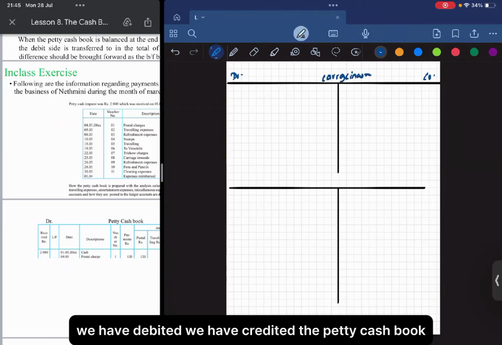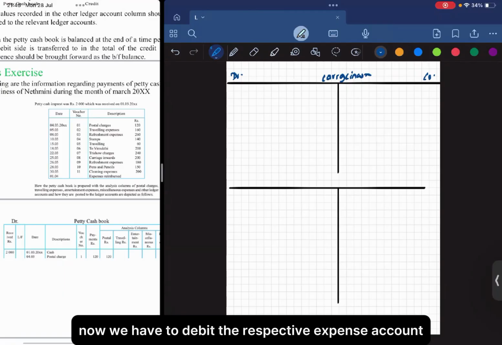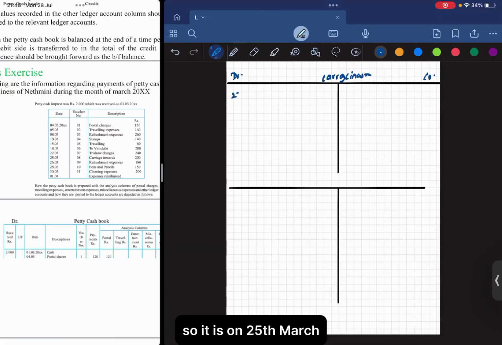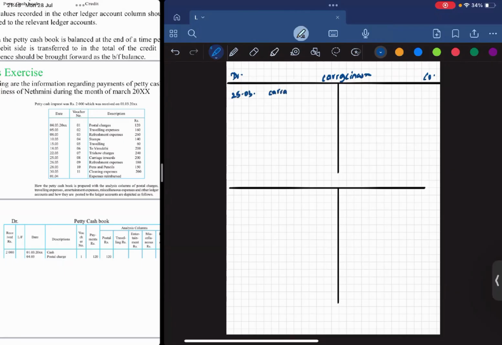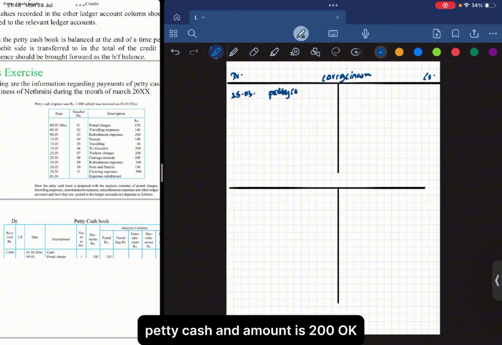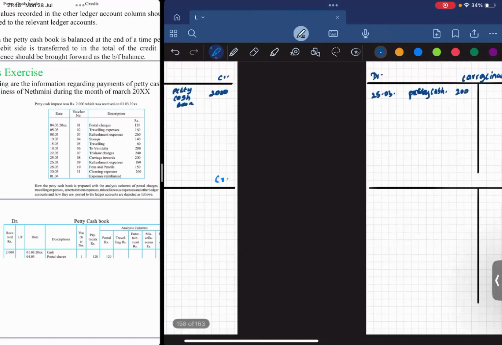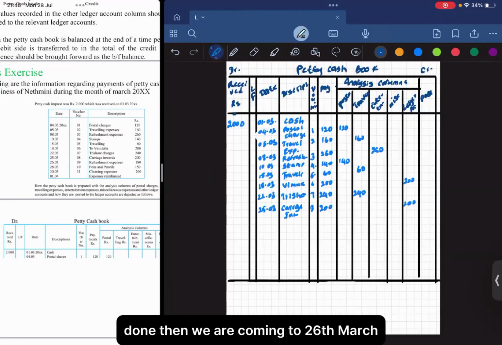We have credited the petty cash book. Now we have to debit the respective expense account. So it is on 25th March, petty cash and amount is 200. Okay, done. Then we are coming to 26th March.